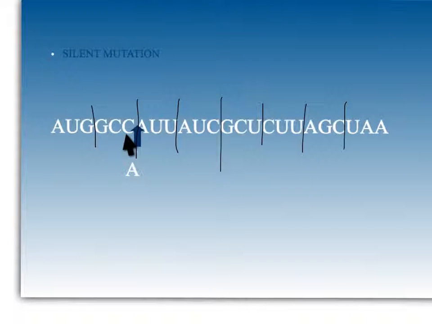This arrow indicates on the third base of the second triplet, the A is replacing the C. Now it's AUG for methionine, the start codon, and GCA instead. GCA also codes for alanine, and everything else stays the same.